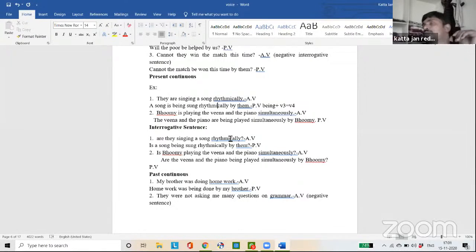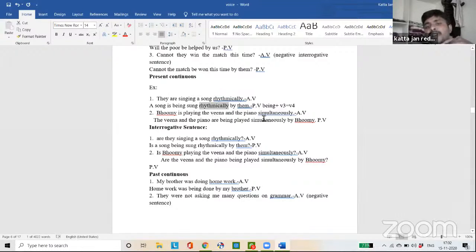These are also adverbs. If you have doubt at this point, then we will discuss adverbs, of course, in terms of time. So we can also use this rhythmically, an adverb which ends with ly, after V3.